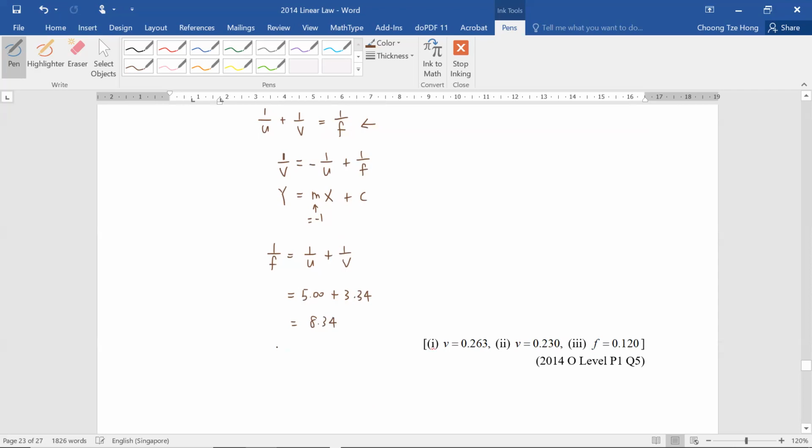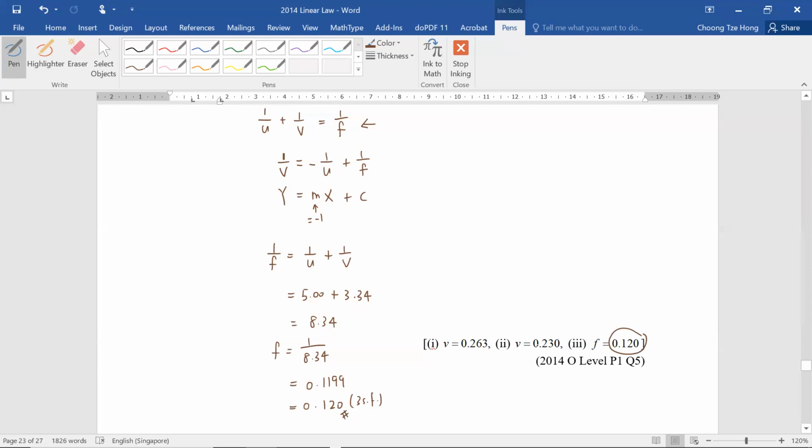Then we can calculate f. So f will be 1 over 8.34. That will give us 0.1199. Rounded to 3 significant figures, you get 0.120, and this is the answer given by the answer key.